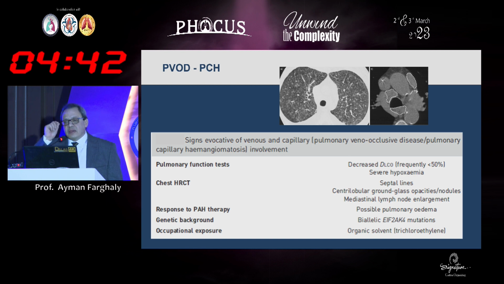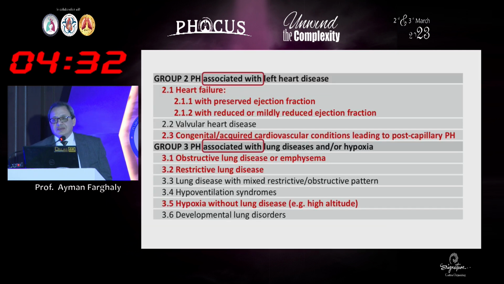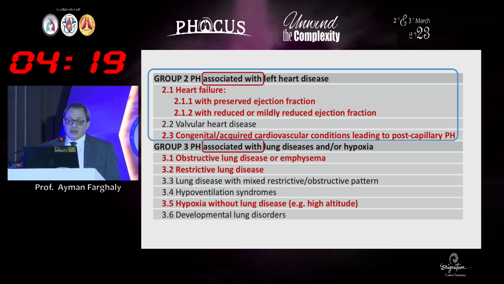We need to be aware of this group, wet lung with precapillary hypertension and with this accompanying. When we diagnose these patients, actually they are listed for lung transplantation because the response to treatment is usually not guaranteed. So they are listed directly for lung transplantation when diagnosed.